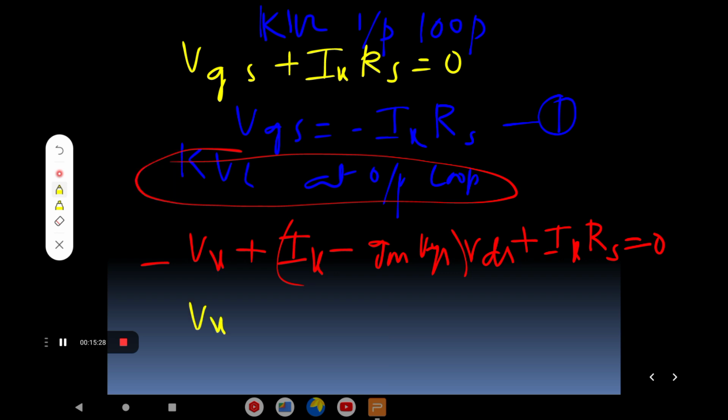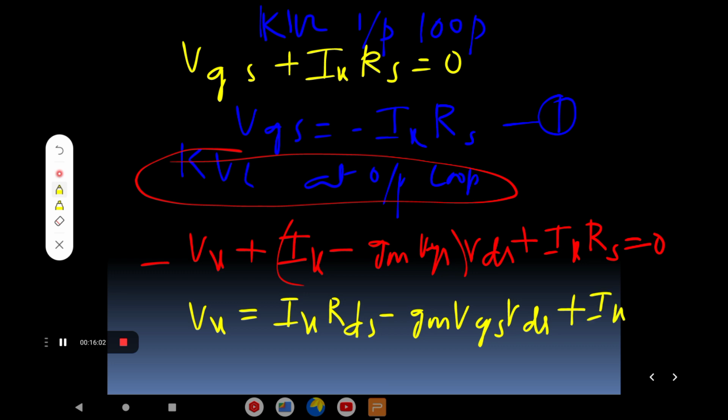Vx is equal to, taking it to the right side, Ix is also present here, so the complete term is equal to Ix RDS minus gm into VGS into RDS plus Ix into Rs, right?